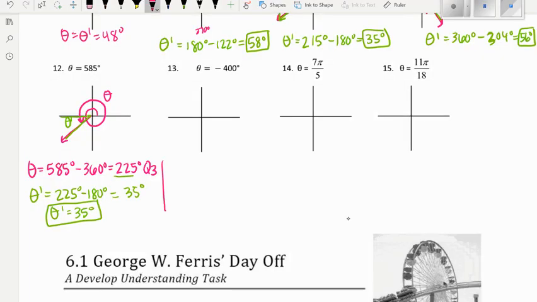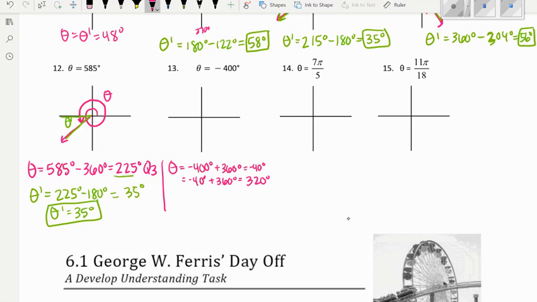For question 13, we have theta is equal to negative 400 degrees. So to find the coterminal angle, we're going to add 360 degrees to that. So when we add 360 degrees, we get negative 40 degrees, which is still negative. So we're going to take that answer and add another 360 degrees because we want our answer to be positive, in between 0 and 360, which gives us 320 degrees.